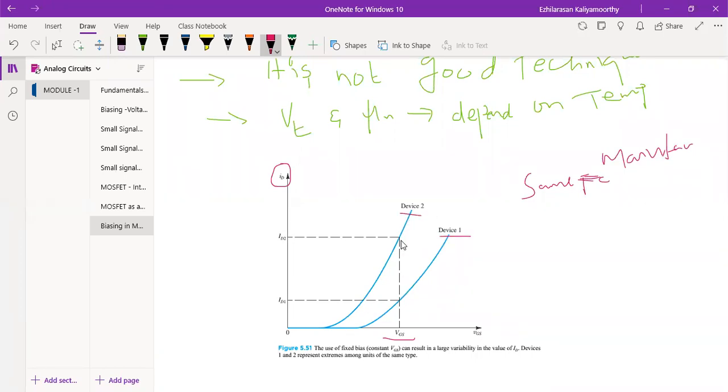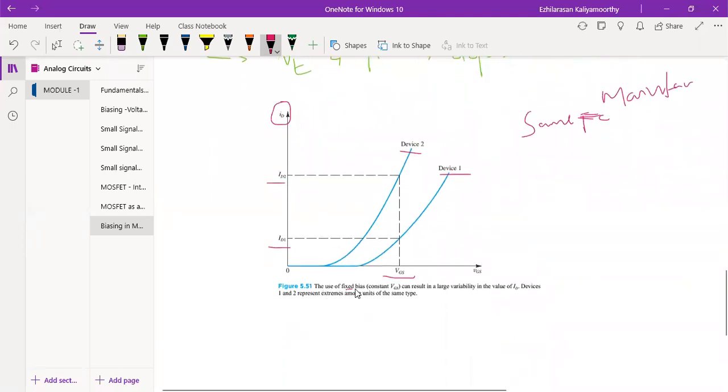Device 1 is at this VGS supply voltage, and 0 you can think of as the threshold voltage. The curve is shifting, so this is ID1 and this is ID2. Now you can see the use of the fixed bias, a constant VGS, can result in large variability in the ID.